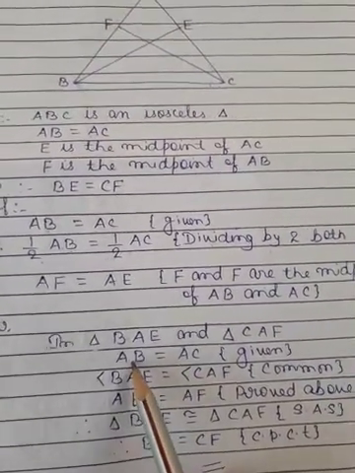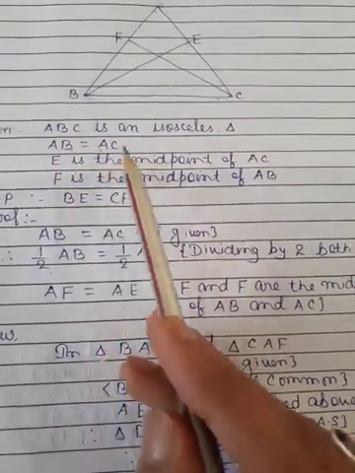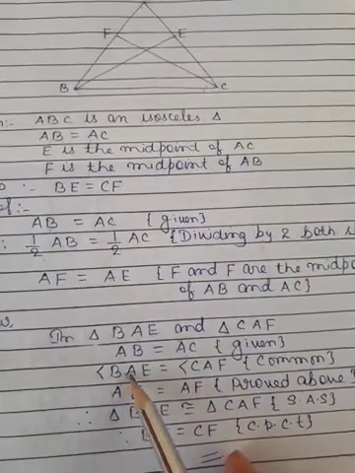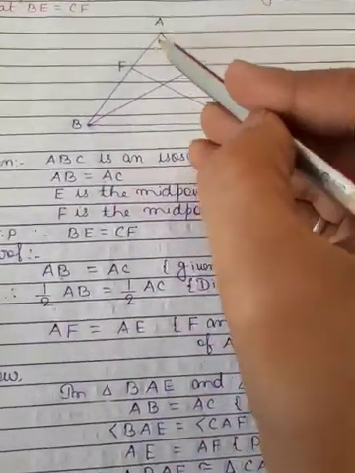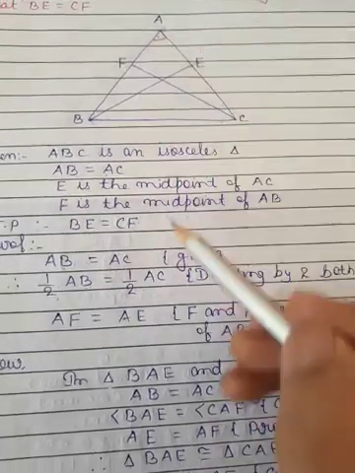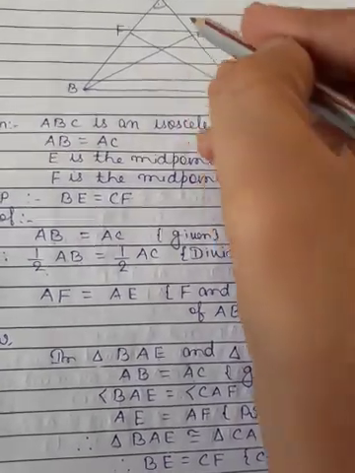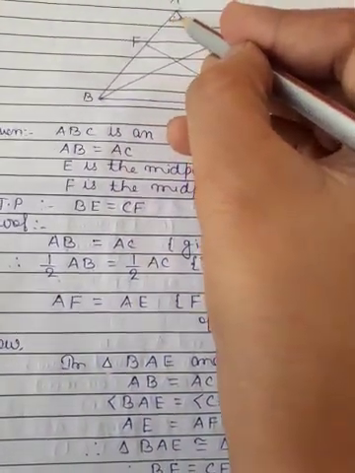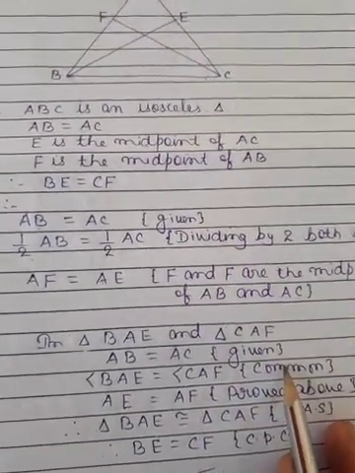First, AB equal to AC. Why? Because it is given in the question. Then angle BAE equals angle CAF. See, in both triangles this angle is coming, that means this angle is common, so the reason will be common.